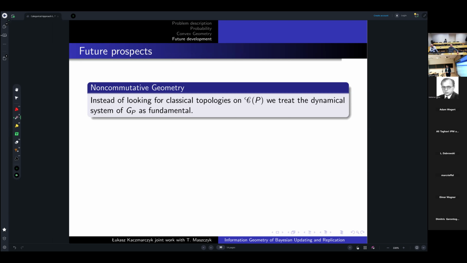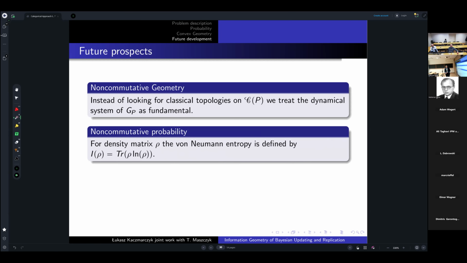One is to look throughout the functional analysis for topologies which would fit nicely to our picture, so that, for example, all the limits of replication action would be realized as true limits in this topology, or we could treat this dynamical system as fundamental.